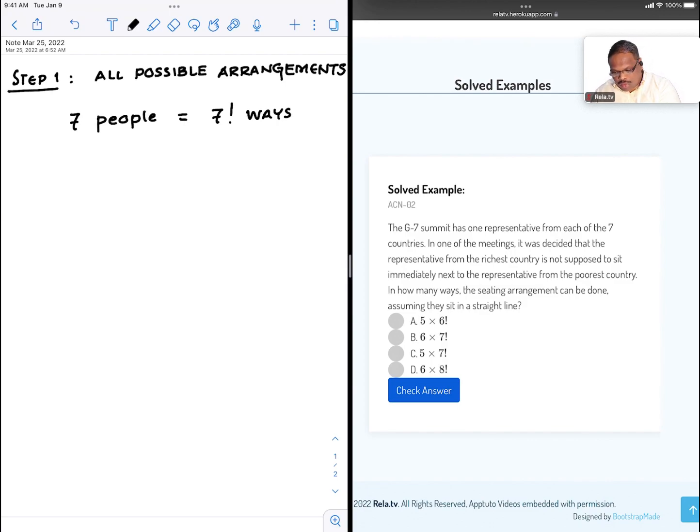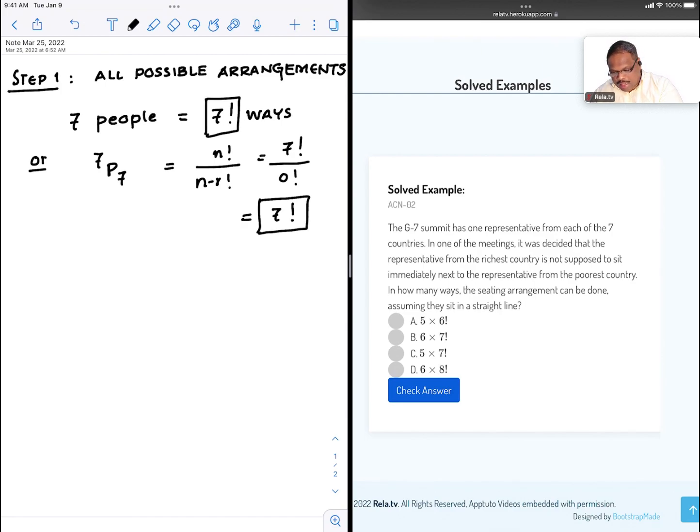Another way to see why this comes out to be 7 factorial: you have 7 people and the order is important. So this is 7P7, and you are selecting all. Using the formula n factorial upon n minus r factorial, that would be 7 factorial upon 0 factorial. Remember, 0 factorial is not 0, it's actually 1. So this gives 7 factorial, which is the same as before. That is our step 1.